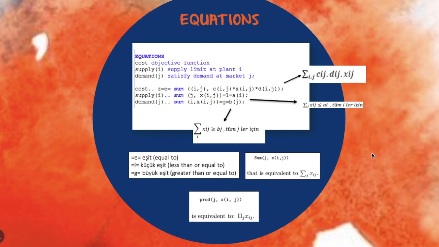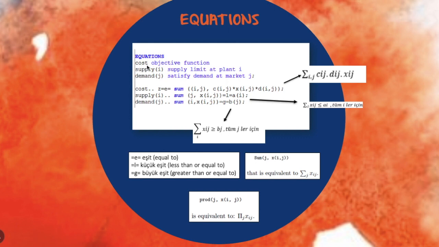For equations, now we have variables and parameters, also some scalars, but we have to match them in an equation. You can define equations by using the equations expression here.